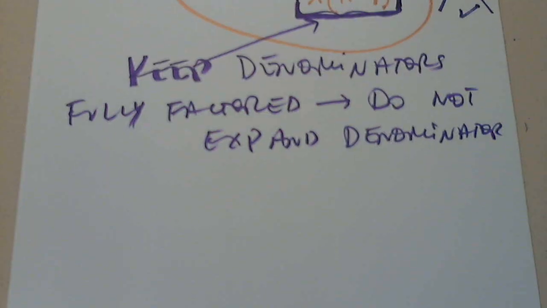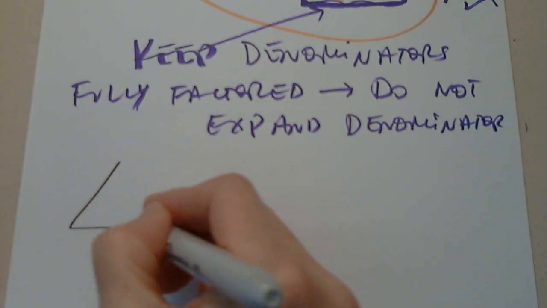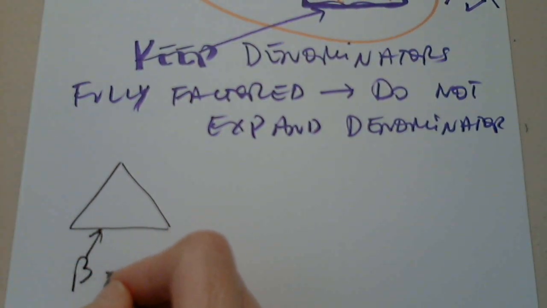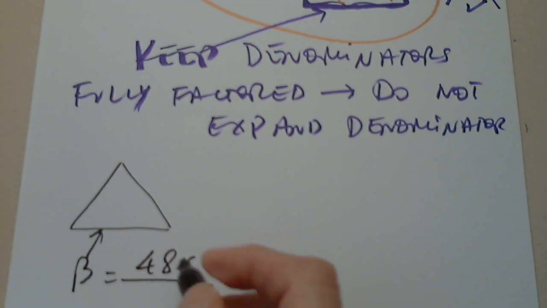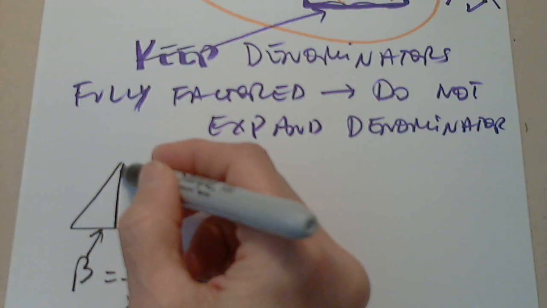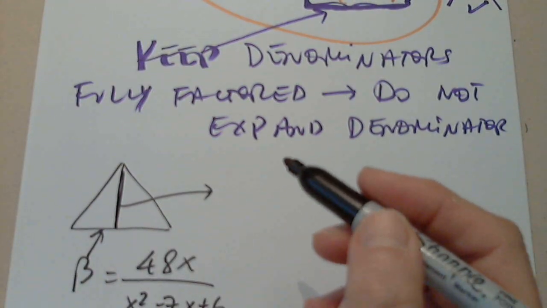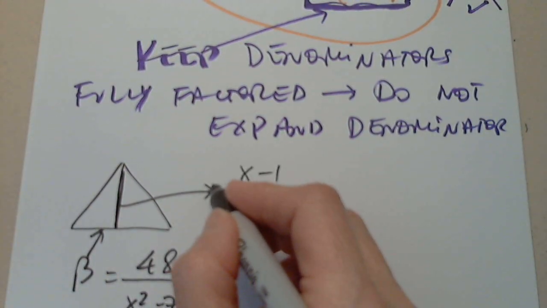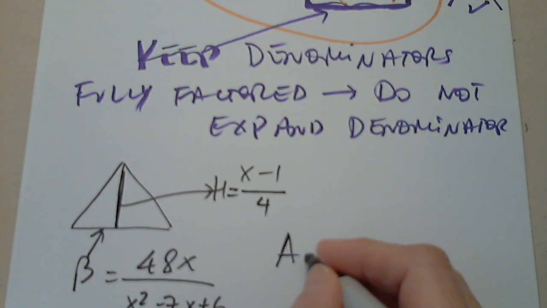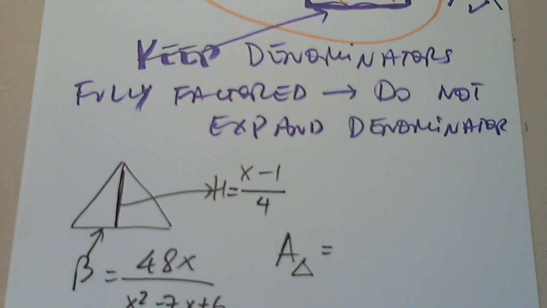Okay, a similar problem. We have a triangle. They're telling us that the base is 48x over x squared minus 7x plus 6. And for some reason, they also give us the height. And they want us to find the area of this triangle and fully simplify it.